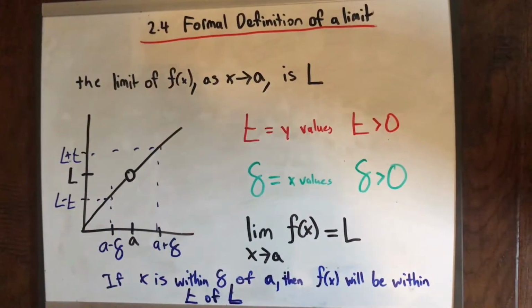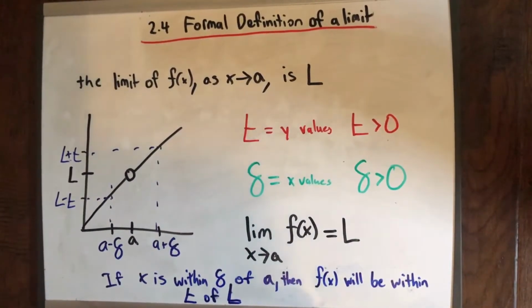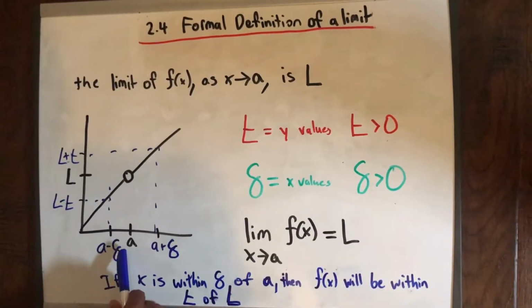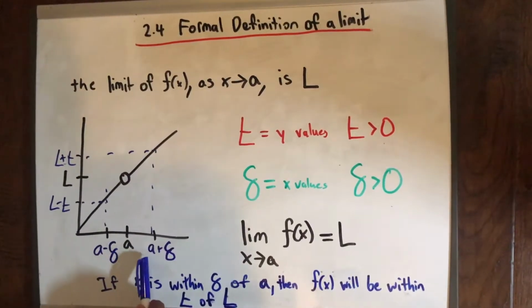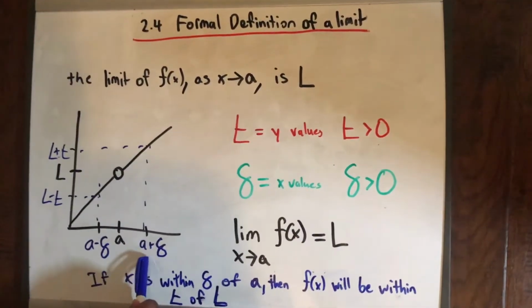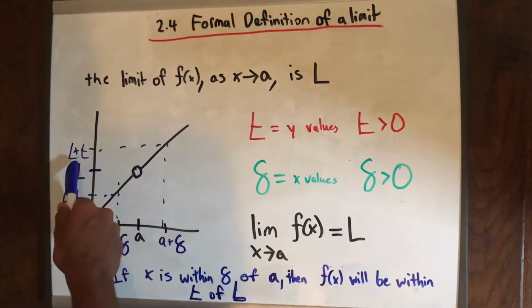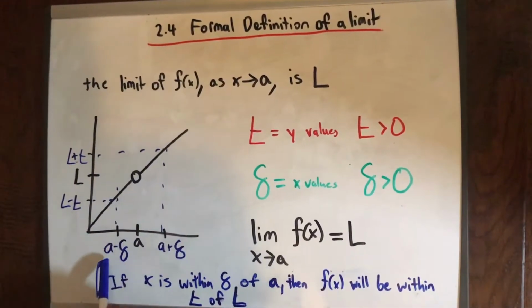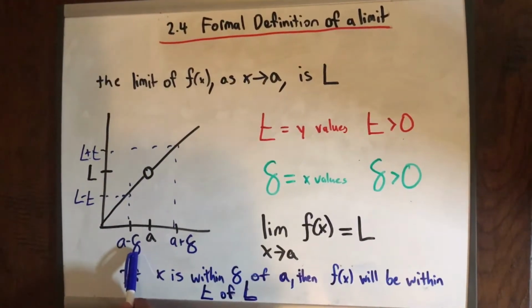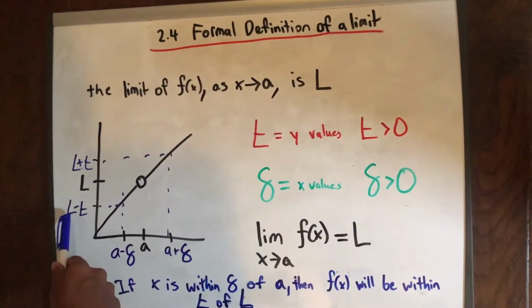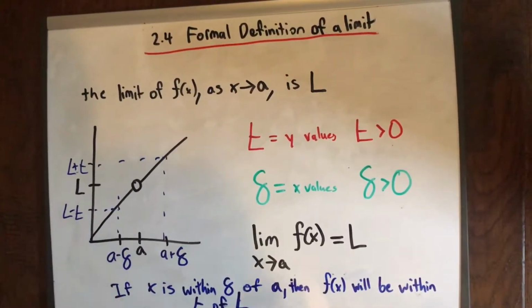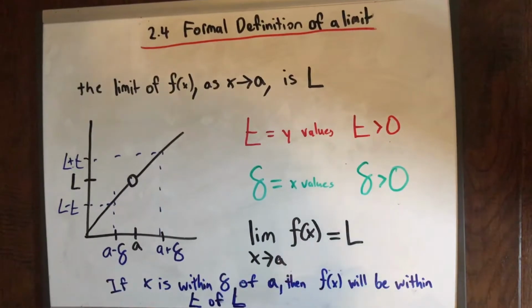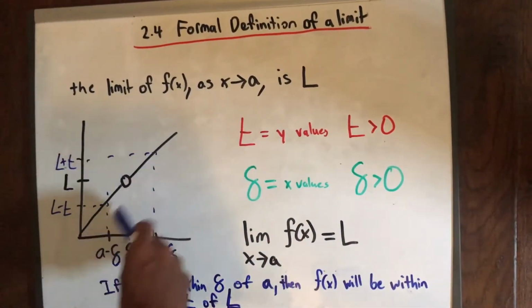In saying that, we are able to illustrate a range and domain where the limit can exist, and this illustrates a region between a minus delta and a plus delta that shows how close you will be to the limit at L. Once again, this region will encapsulate this region right here.